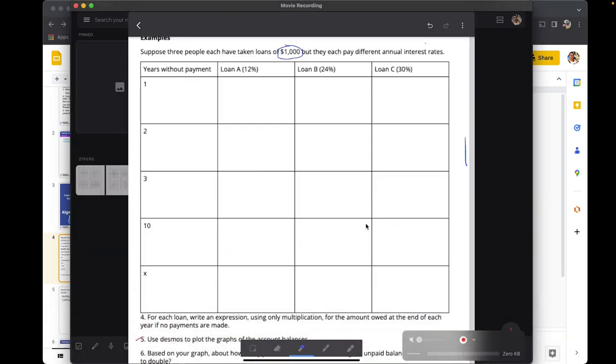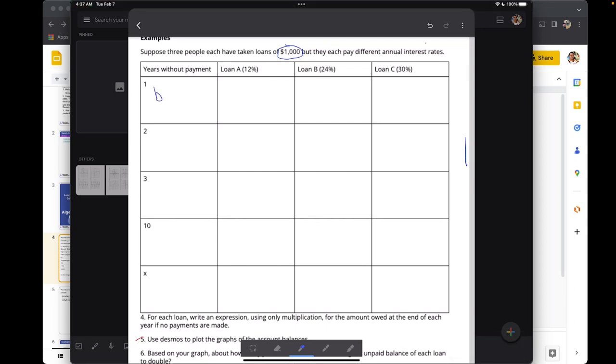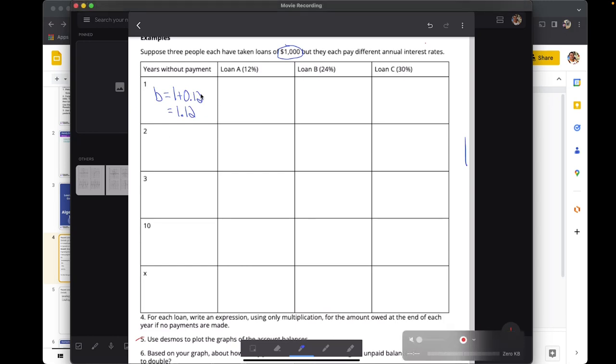So if we go back to this for a second, if I'm increasing by 12%, 12% is 0.12, which means my B value is going to be 1 plus 0.12, which is 1.12.